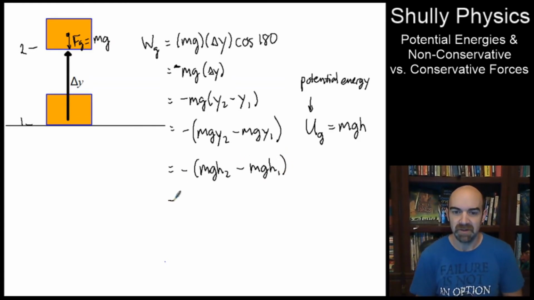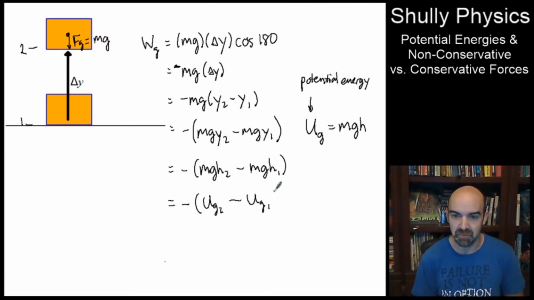All right. So now if we substitute UG in here, just what we're calling mgh, we get a UG at position 2, the gravitational potential energy at position 2, minus the gravitational potential energy at position 1.